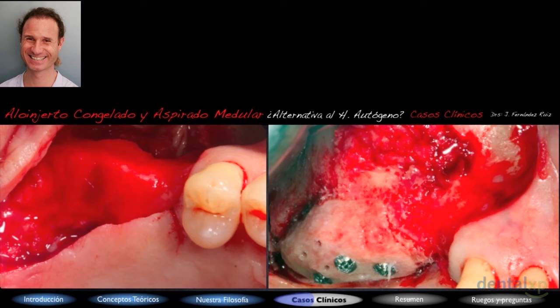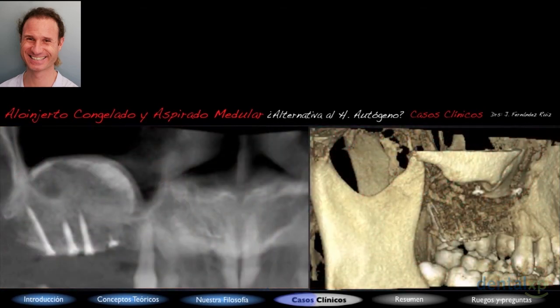Observe how we have achieved a correction of the discrepancy of the bone levels, and we have as well done the sinus lift, placing some new bone inside the sinus area.